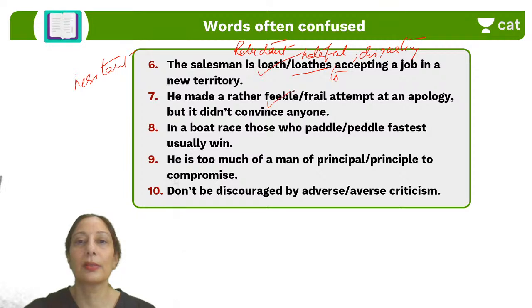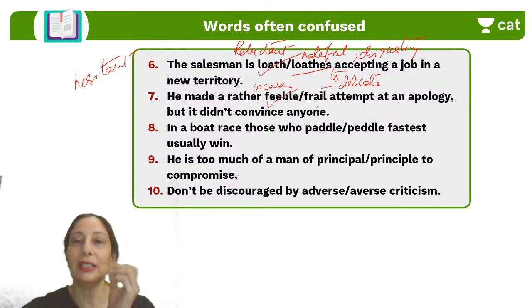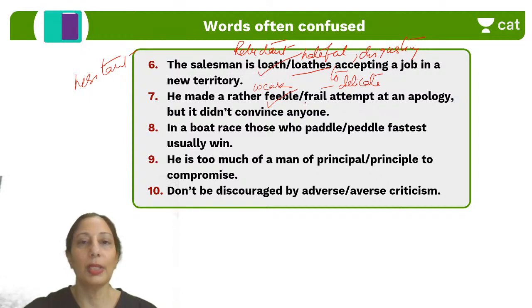Feeble means something which is very weak. It's a weak attempt. While frail means delicate. She's so frail. That means delicate. Being very delicate and dainty is frail. So the attempt was a weak attempt. So therefore you will say feeble, guys.